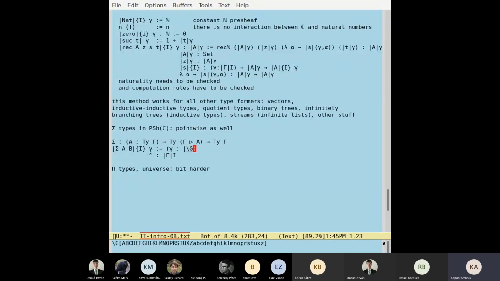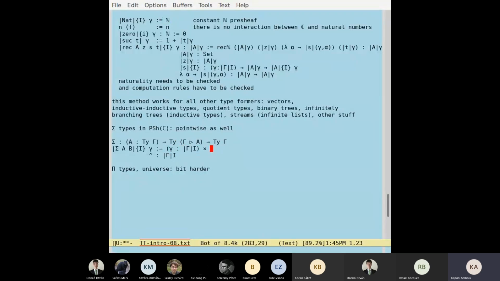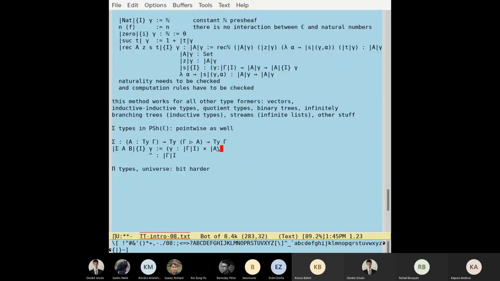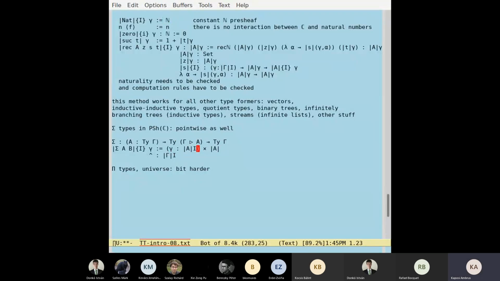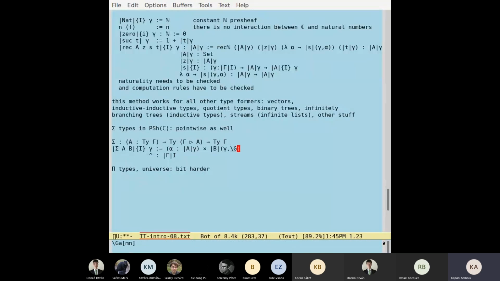So I have a gamma in gamma at I, and an alpha in A at gamma, and then B at gamma comma alpha.